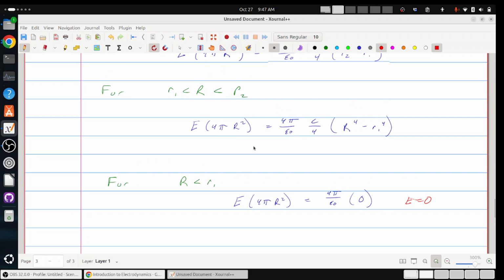Here, if I look at all my factors, I've got different 4 pi's in different places, and things are going to somewhat cancel out, and I could rewrite this one as E is equal to C over epsilon naught 4, because the 4 pi and the 4 pi canceled, and then I would have r squared minus r1 to the 4th over r squared.